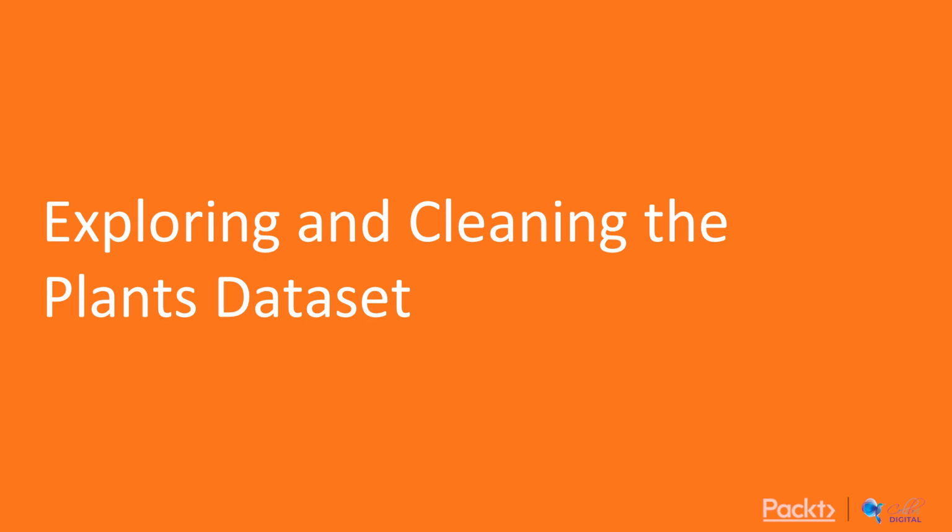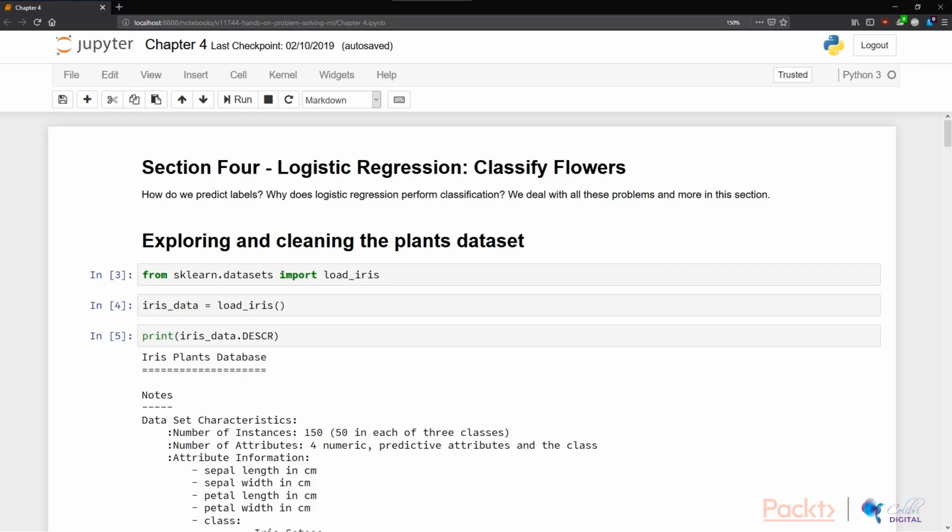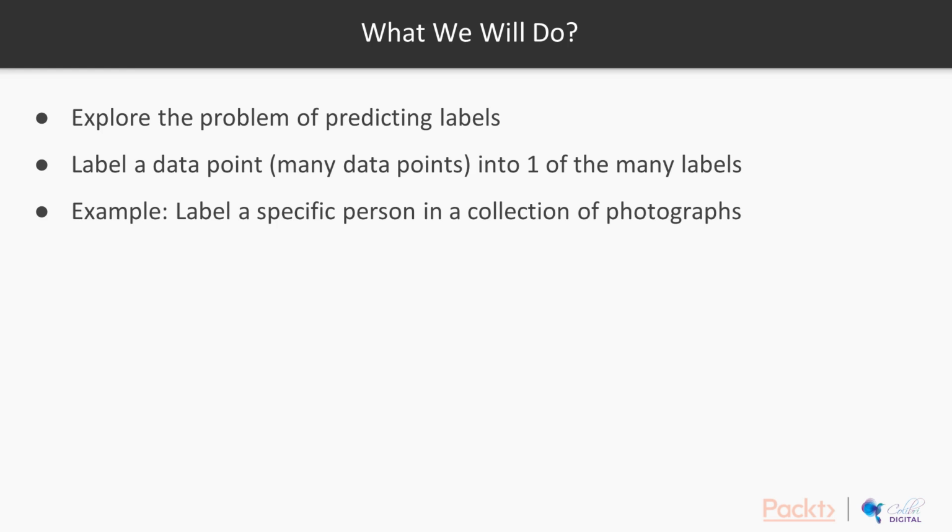Let's take a look. So this section is about logistic regression, and I'm in my Jupyter notebook, and again, I've navigated to my chapter 4 for you guys. What's happening here is we want to explore the problem of predicting labels.